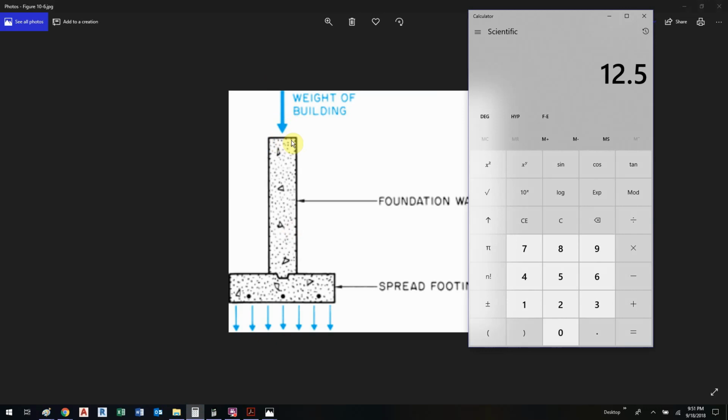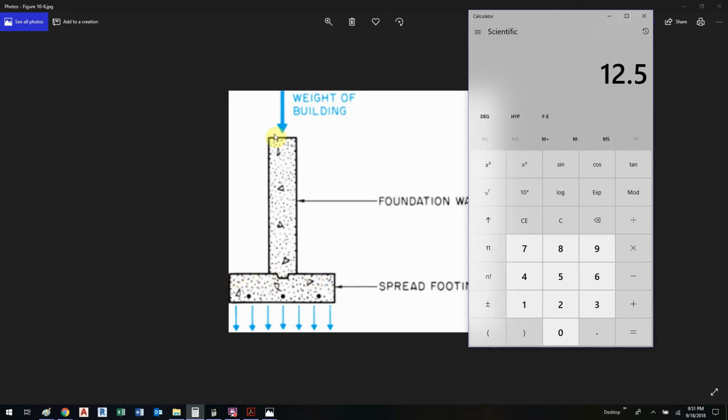So even though this is not a square that we're talking about here, we're just talking about linears. If we take our poundage and we divide it by our square inches in here, in this case we're going from 12.5. Now, let's say that, for instance, this is 2 feet.